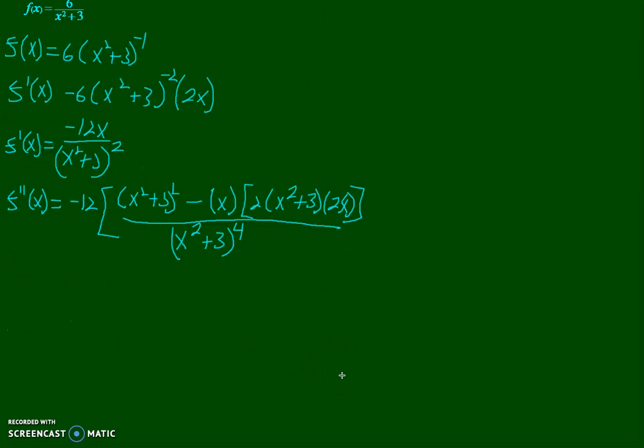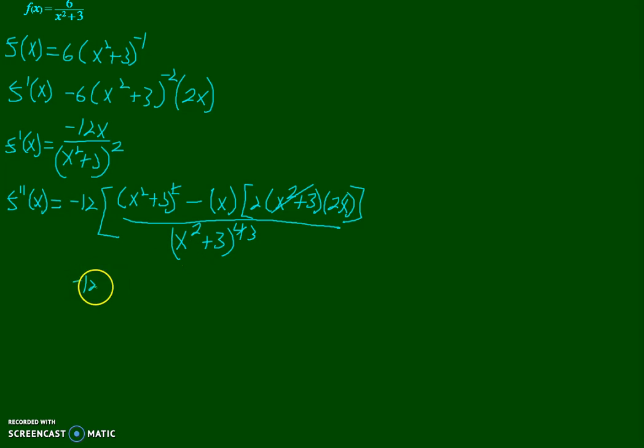Now we've got some simplification to do here. Let's give ourselves a little room here. And in each one of these terms, we have an x squared plus 3. So let's go ahead and get rid of one of those in each term. So we have 3 here. This one's going to go away altogether, and this 2 goes to a 1. So let's go ahead and rewrite what we have.